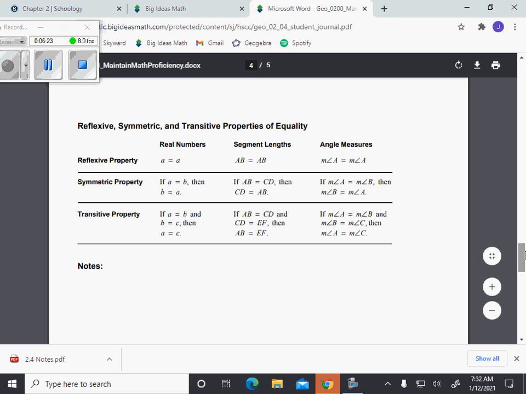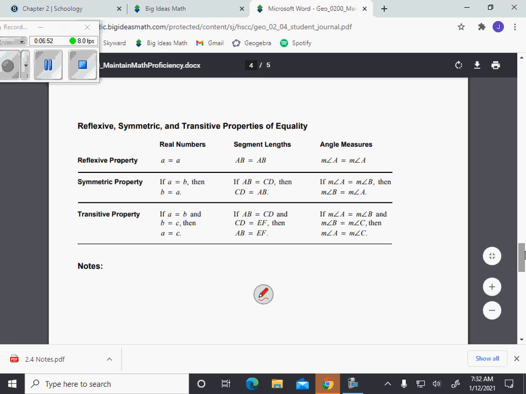Right, and then the transitive property. I want you to pay attention. This is like the law of syllogism, the chain rule. If A equals B and B equals C, well then A equals C. See, it's a chain rule. Don't get this mixed up with substitution, because we're not substituting. We have more than just flipping out one thing for another.